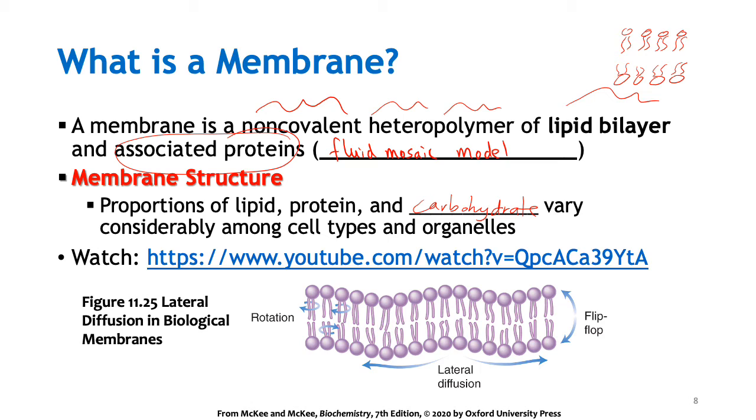There's a considerable difference between cell types and organelles. Some membranes might have high carbohydrate content, like glycolipids, glycoproteins, and whatnot. Others might have a higher lipid content, very few proteins, very few glycolipids. And keep in mind the lipids would be the phospholipids and cholesterol, okay? Cholesterol for structural integrity, and the phospholipids to maintain fluidity.